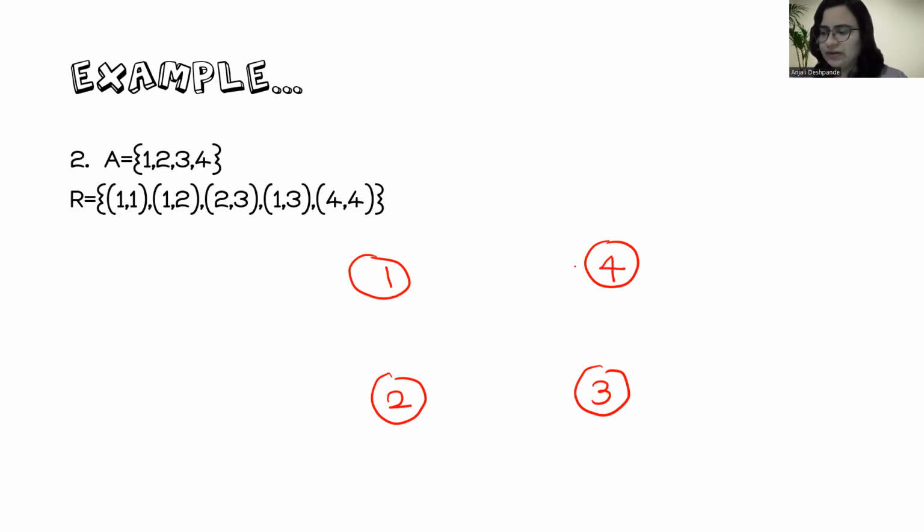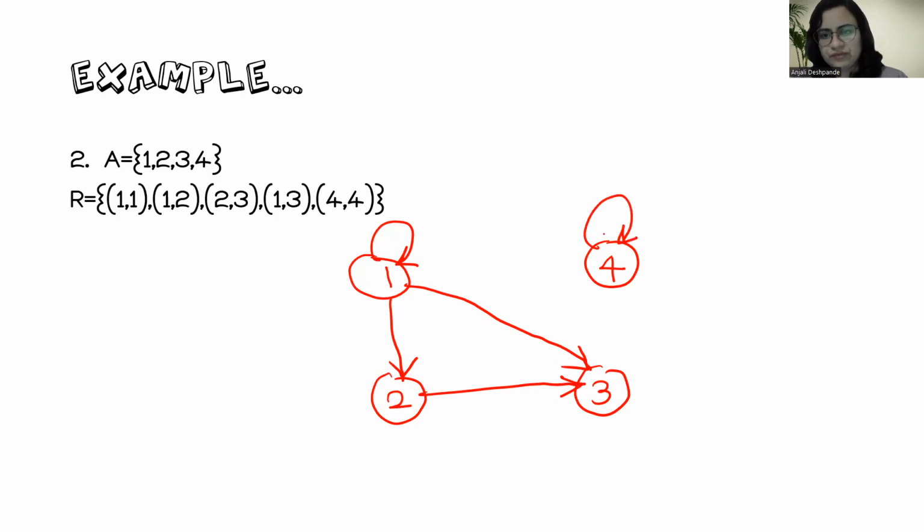So I'll draw an arrow from 1 to 1, 1 to 2, 2 to 3, 1 to 3 and 4 to 4. So this is the diagram for relation R. I hope you understood the graphical representation as well as the matrix representation for the graph.